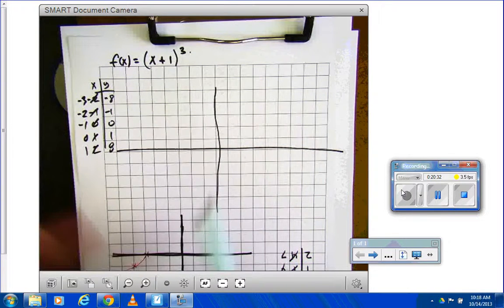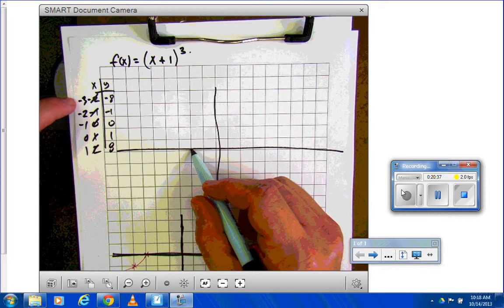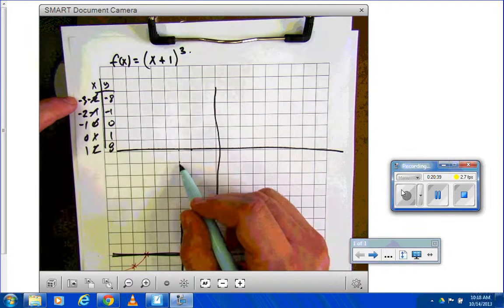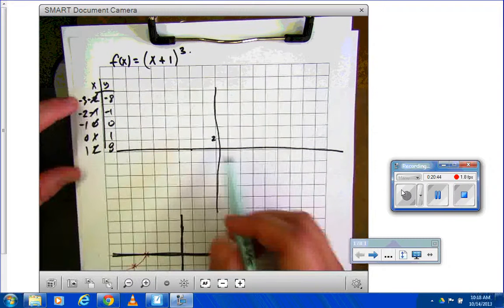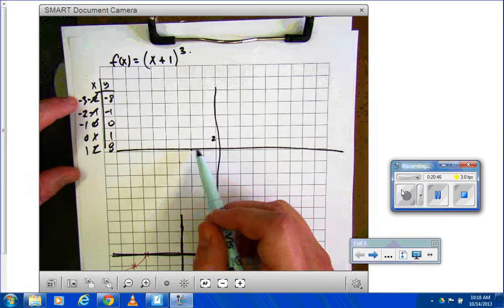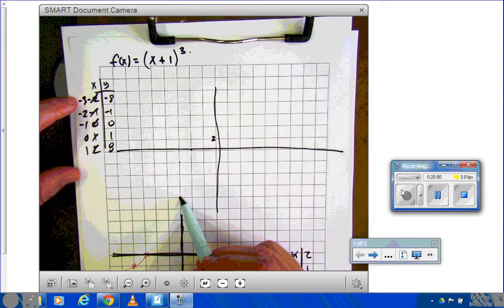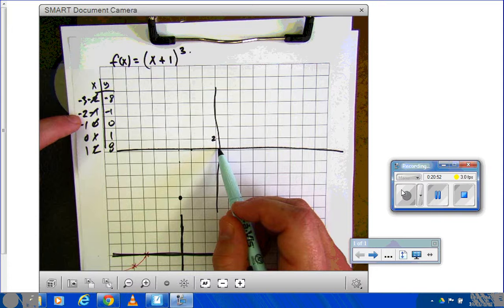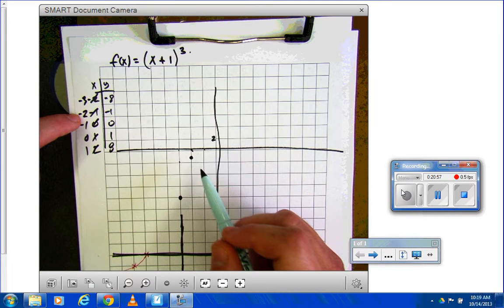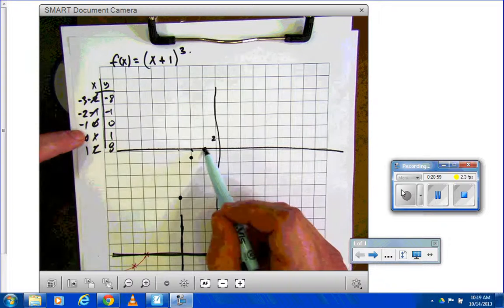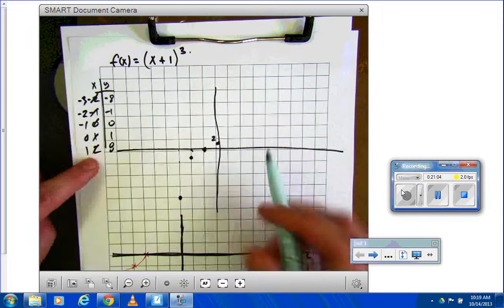So let me graph this real quick. All right, you got -3, -8, 1. I'm going to count my y's by 2. So we got -3, -8, 2, 4, 6, 8. All right, -2, and then -1, -1, 0, and 0, 1, and then 1, 8.